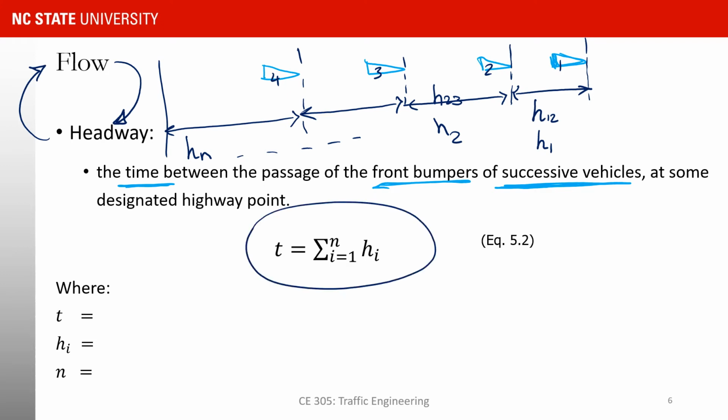That's what I have here. T is the summation of all of those headways. So if you do this headway analysis between every two cars that are gonna pass that certain point on a road, and you do that for, let's say, 2 hours, if you sum all of those headways, it's gonna be equal to 2 hours, okay?